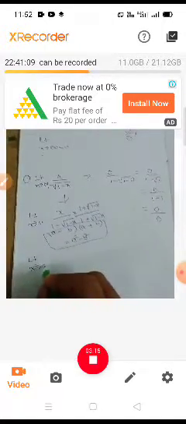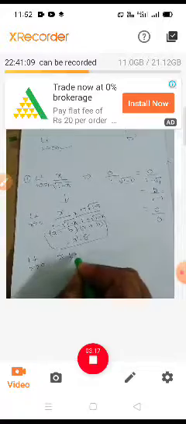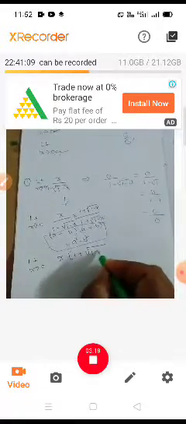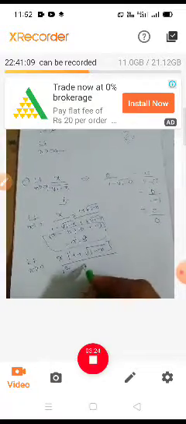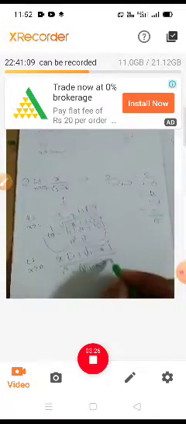Limit x tends to 0 of x times (1 plus under root 1 minus x) by (1 square minus (under root 1 minus x) whole square).